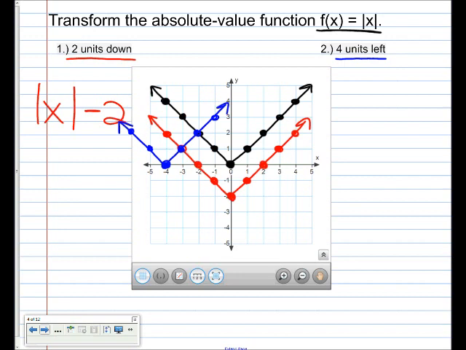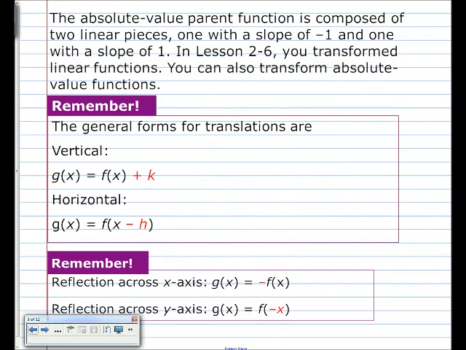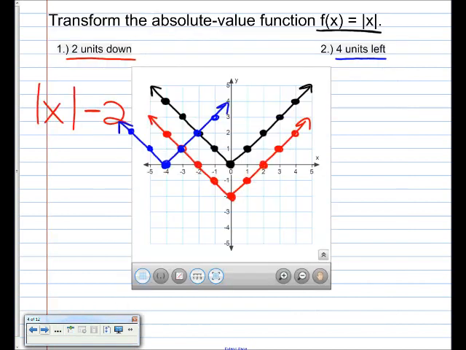Now before I get some answers, I just again want to point you to the previous slide and look at what it says for horizontal, because this is left and right, so horizontal. What does this look like? Minus. It says minus, not plus like that one, and it's inside the parentheses. So where do you think this one is going to be? Inside the absolute value.